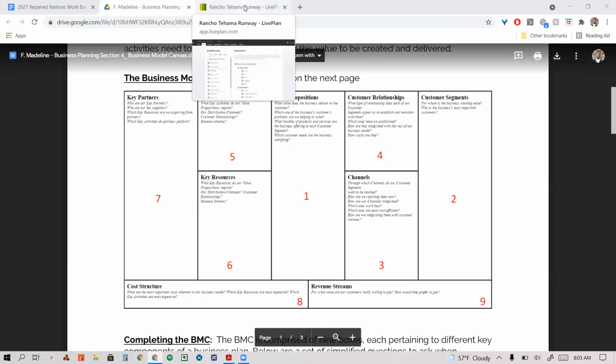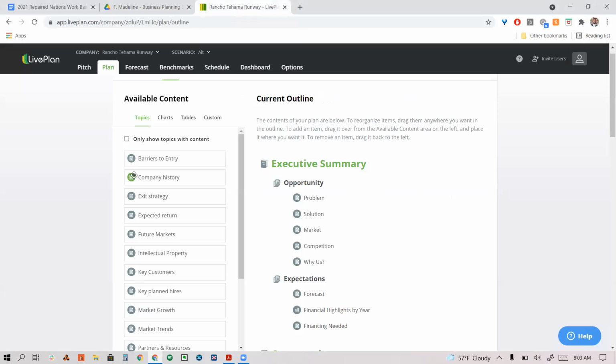And while trying to figure out how to overcome that obstacle for myself, I came upon this website called Live Plan, which walks the user through creating business plans. They have prompts, as well as a bank of template business plans.